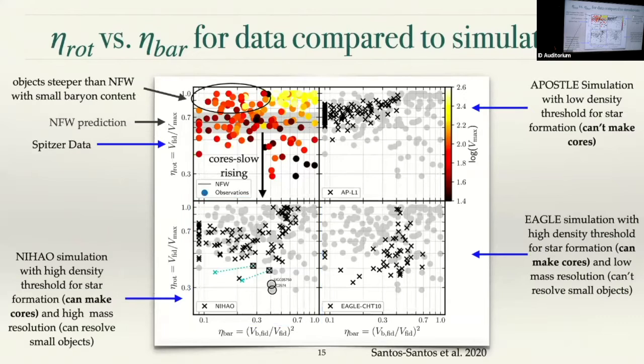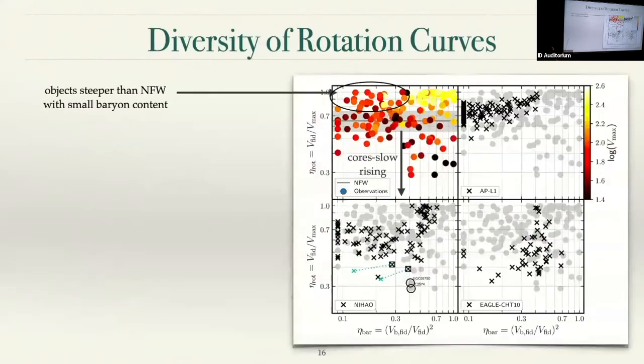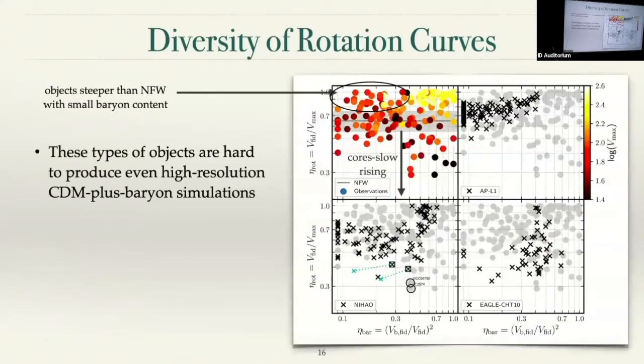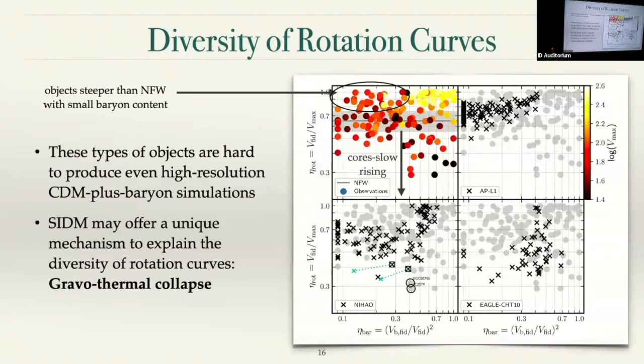However, these points have pretty small baryonic content. And so you can't get these from just including baryons and having adiabatic contraction. And these points are a real problem for even the CDM plus baryon paradigm. Okay, so as I just said, these objects are hard to produce in CDM plus baryon simulations.